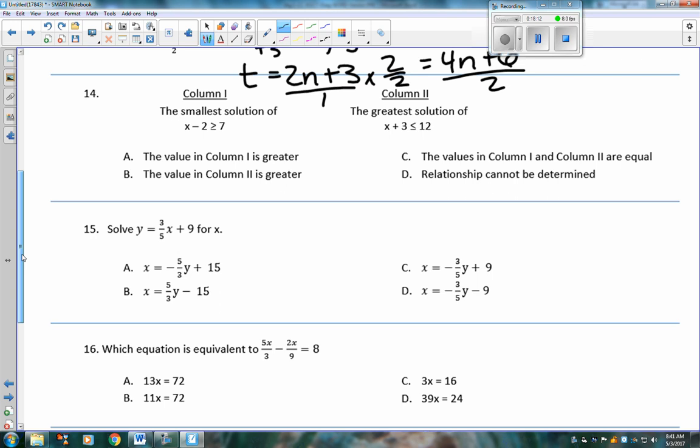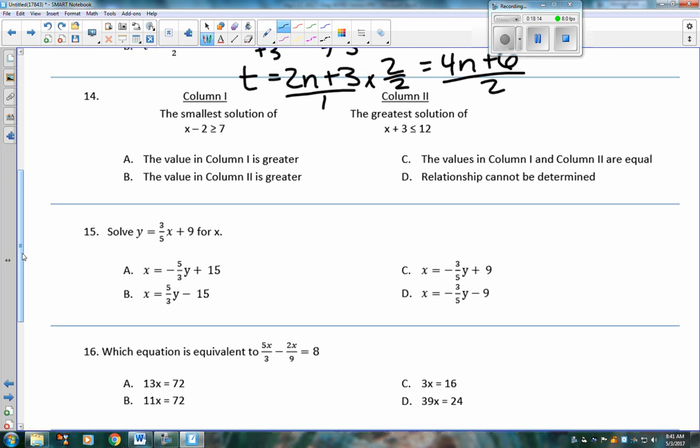Okay. Column 1: the smallest solution of this and the greatest solution of that. And it wants us to pick the value that is true. Solve for x. X is greater than or equal to 9. X is less than or equal to 9.